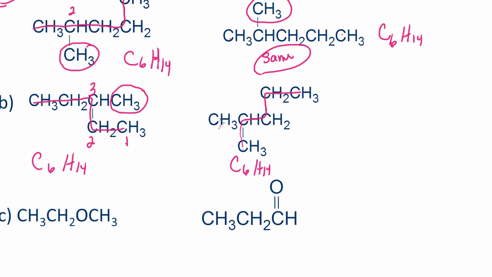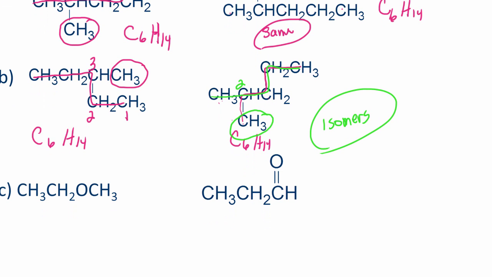Another way I could do that on here would be this way. 1, 2, 3, 4, 5. But either way, my branch point is on carbon number 2. In the other case, my branch point was on carbon number 3. So these are isomers, because the branch point is on a different carbon. Both have 5 carbons in the longest continuous chain, but the branch points are different. They're isomers.